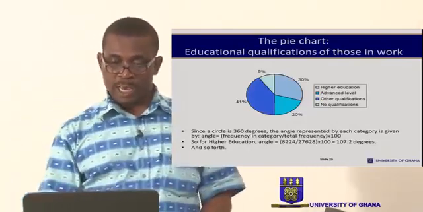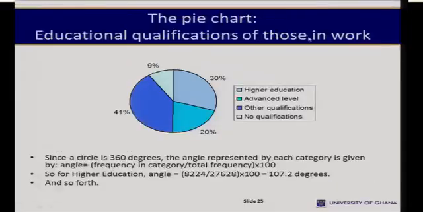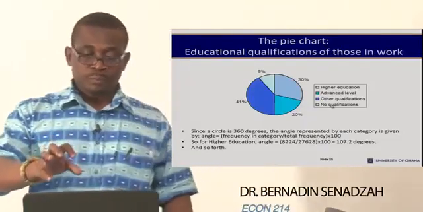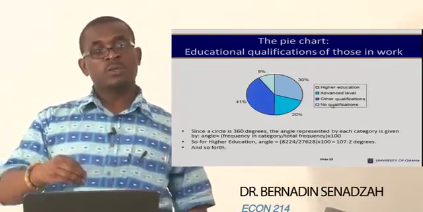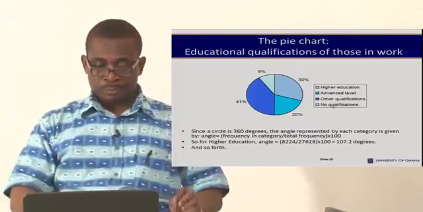Now what we are doing here is that we want to look at those who are in work. Those who are in work either have higher education, advanced level education, other qualifications, or no qualification. So we want to use this circle to allocate to each of these four categories the area corresponding to their importance.